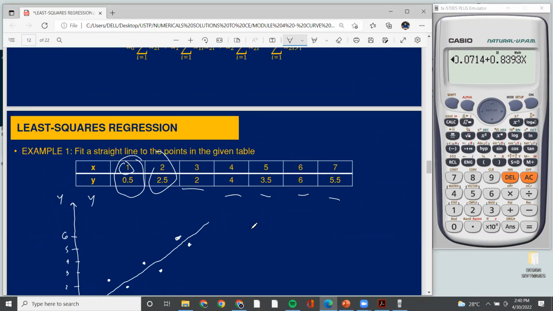Okay, so we calculate for x equals 1: y is 0.9107.